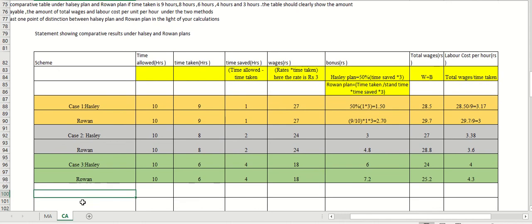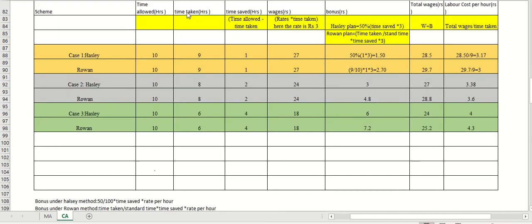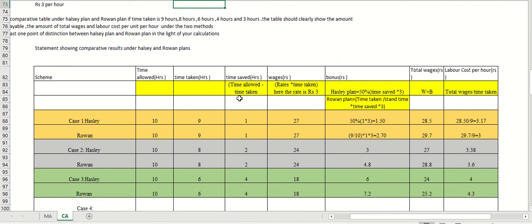So your case 4 is wherein your time taken is 4 hours.